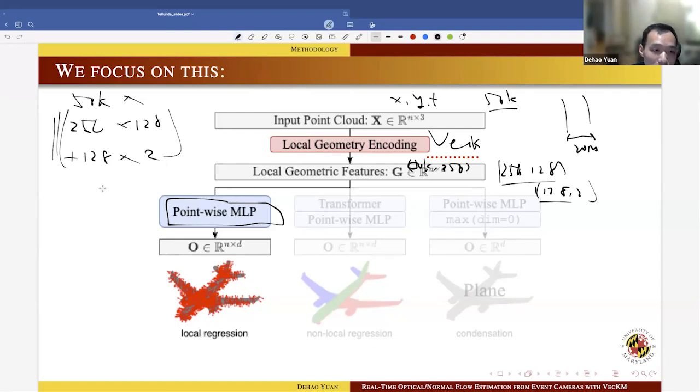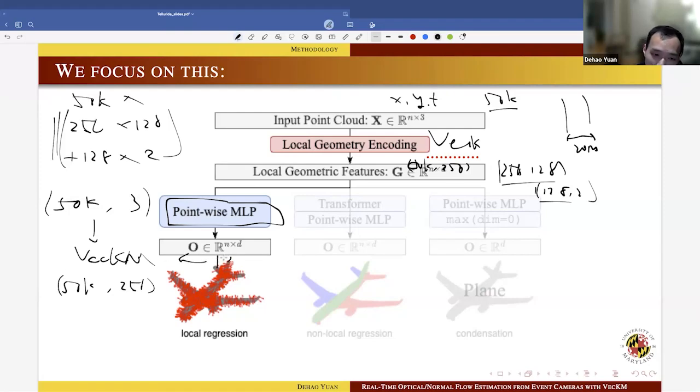It is hard to infer how quick it is from this number, of course, but from the experiment, I did some profiling. If you have 50K by 3 in the input, and after this encoding it becomes 50K by 256, this step takes roughly about 18 milliseconds.